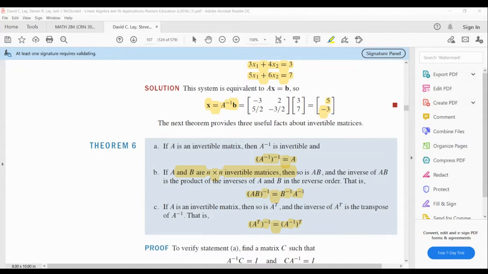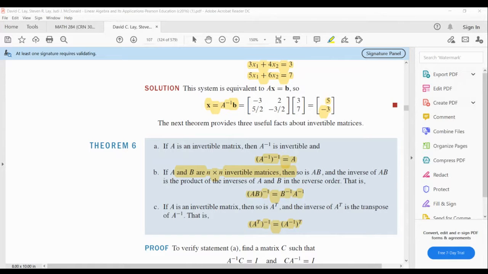And you know, we can find the inverse for a 2 by 2 matrix. We have a formula. What if we wanted to find the inverse of a 3 by 3 matrix or a 4 by 4 matrix? How would we find the inverse for a larger square matrix?